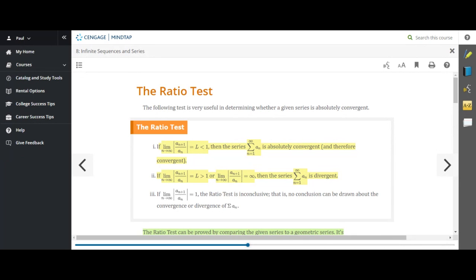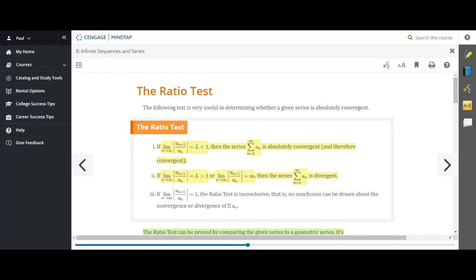Now, what do conditions 1 and 2 in the ratio test remind you of? L being less than 1, series absolutely convergent. L being greater than 1, series divergent.